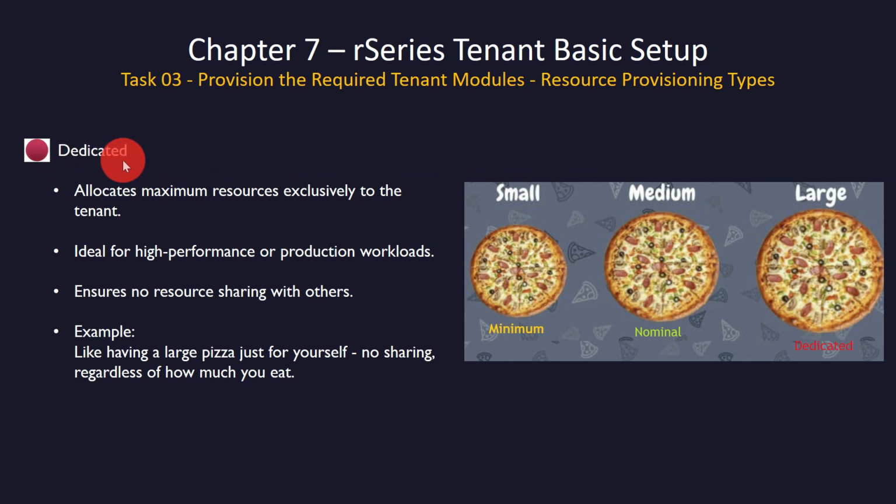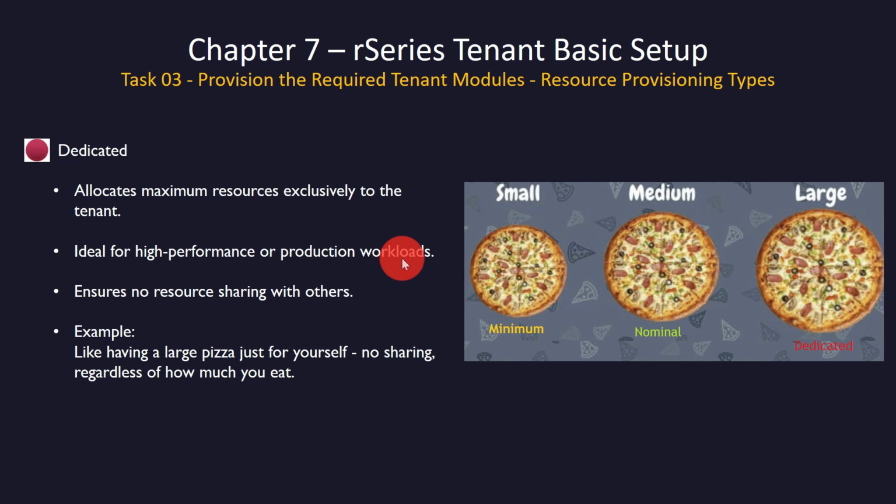In dedicated, the system allocates the maximum possible resources to the tenant, which are not shared with others. This is suitable for high performance or production workloads where the performance is critical.